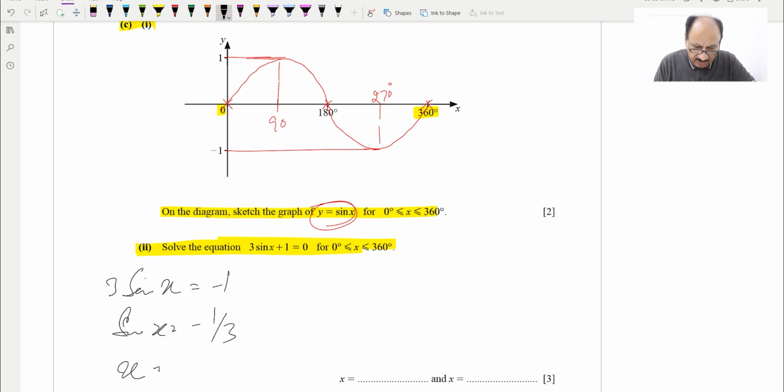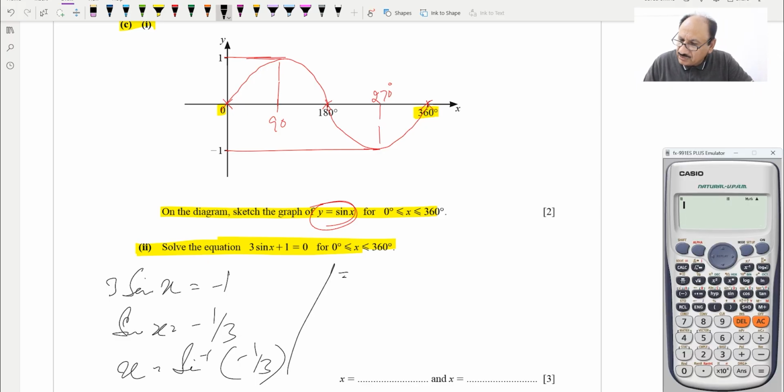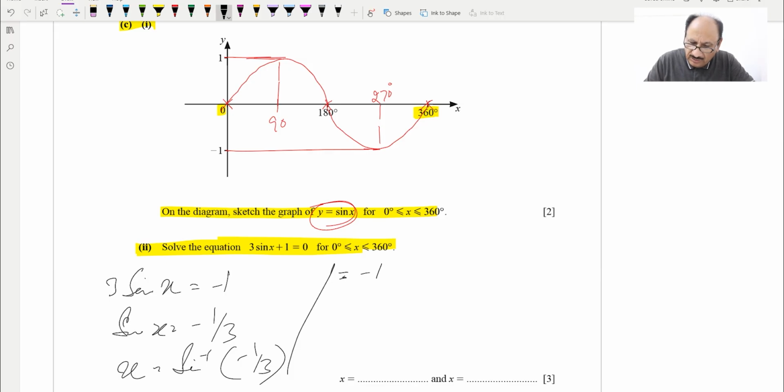So x will be equal to sine inverse of -1 by 3, and if we check this value, shift sine of -1 over 3 will be equal to -19 point something, which is 5. Okay, -19.5 I have taken.